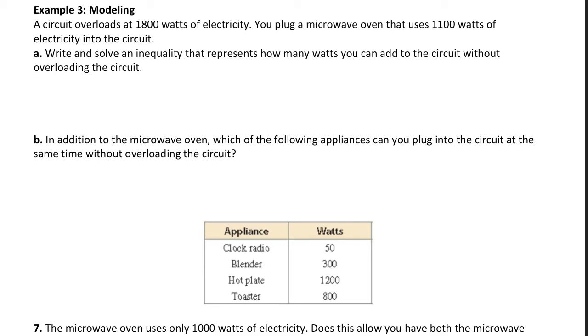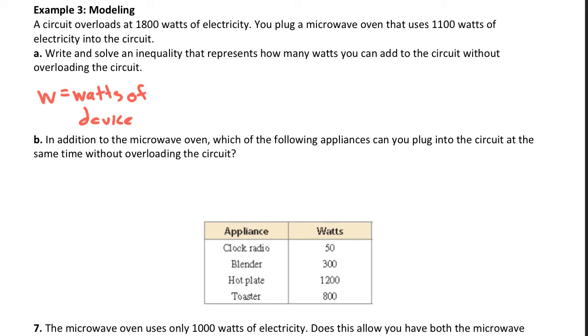So an inequality I would write, I'm going to define a variable first. My variable, maybe I'll do something like W for watts of a new device. And we want to know how many watts we can add to the circuit.